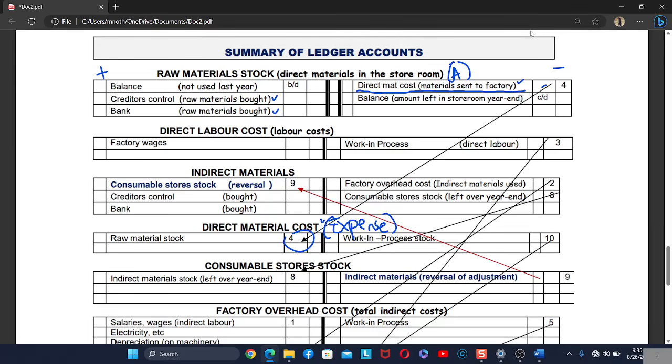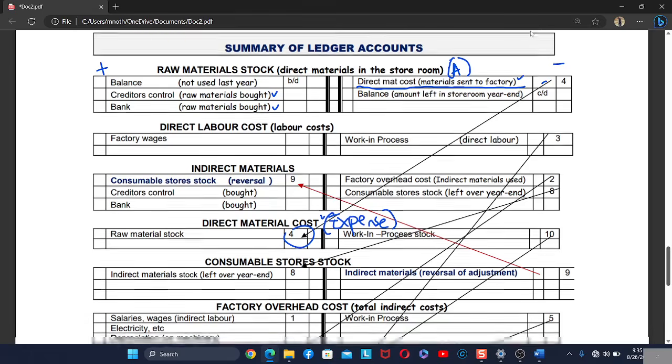So we must transfer it to the work in progress. Actually, what we do is we close off this direct material cost to the work in progress stock, right? We transfer it to the work in progress, which is an asset to the business, right?